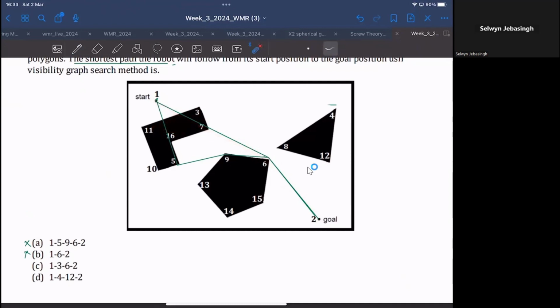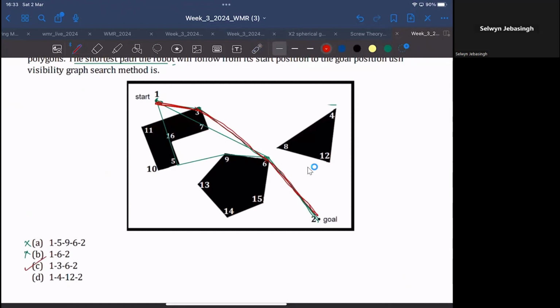So that is also not true. What about 1, 3, 6, 2? This is 1, this is 3, this is 6, this is 2. That seems feasible, right? I'll draw this. 1 to 3, 3 to 6, 6 to 2. This seems feasible actually.